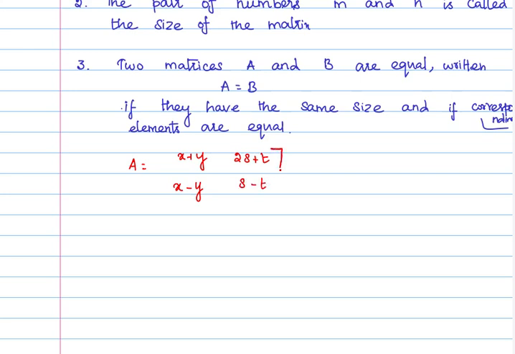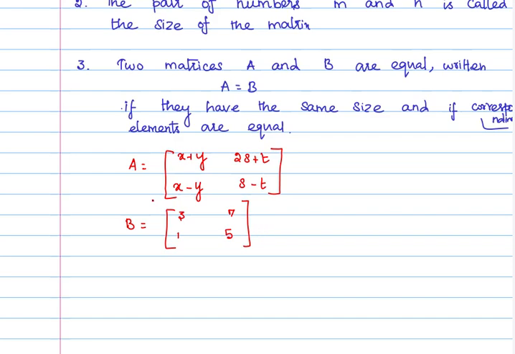This is the matrix A. The other matrix B is 3, 7, 1, 5.